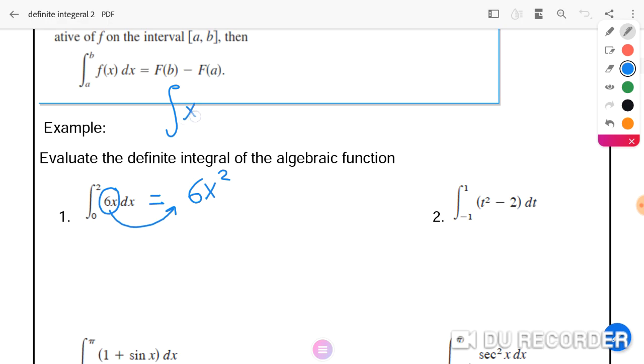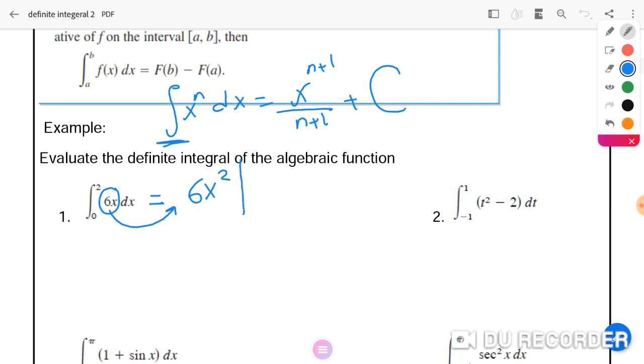Look here, x to power n with respect to x will be x to power n plus 1 over the new exponent plus constant c, which is the constant of integration. But this one is if we are talking about the indefinite integral. In the case of the definite integral, I don't have capital C.